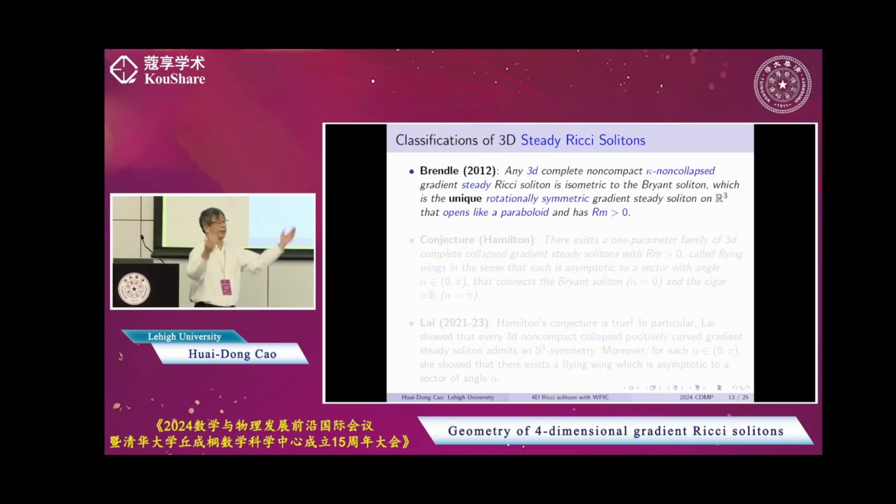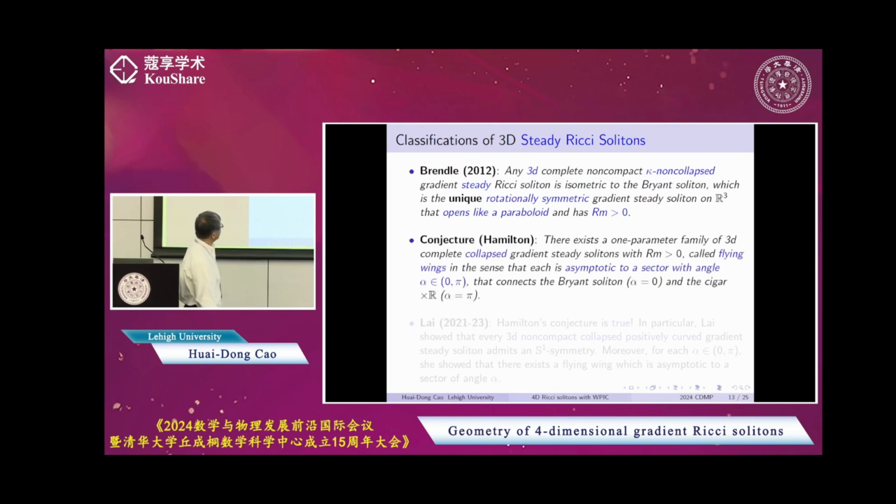And Hamilton conjectured that there should be a one-parameter family of 3-dimensional, but flat ones, that connects the product of cigar cross R and then the Bryant soliton. So they actually have an angle sort of from 0 to pi. So when the angle is 0, you've got the Bryant soliton, rotationally symmetric, and when the angle is pi, it opens up and you get the product. And this turns out to be a very difficult, challenging problem.